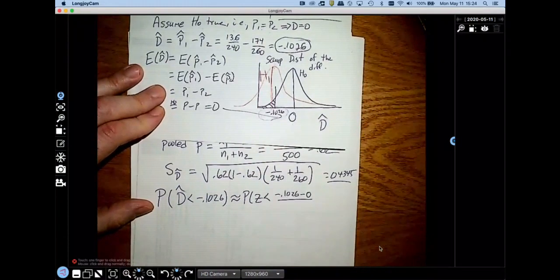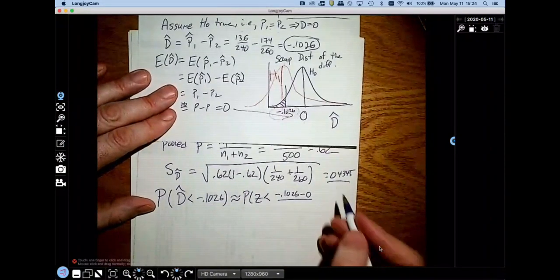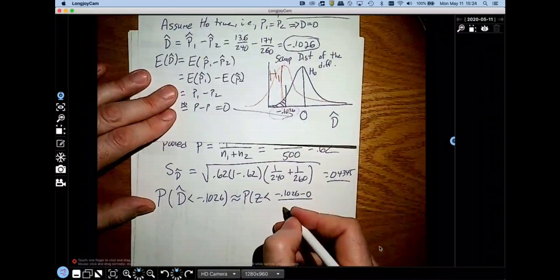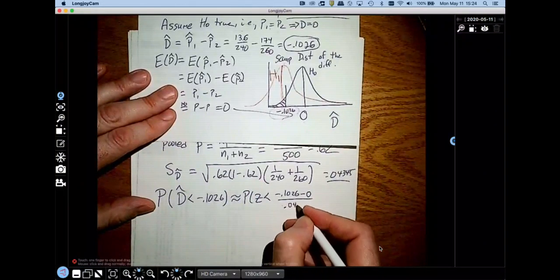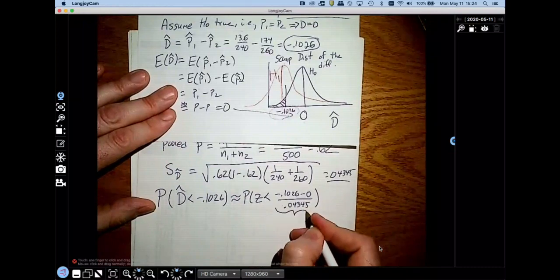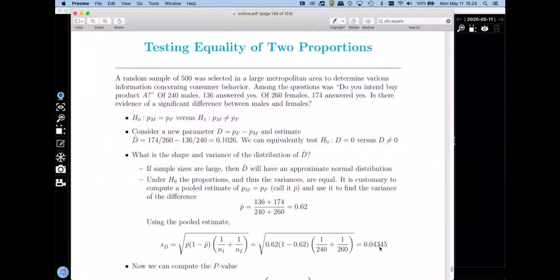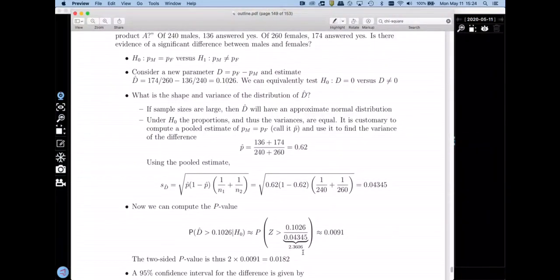Now I need the standard deviation of that distribution. I don't really know that, but I have a pretty good estimate of it with the standard error, 0.04345. And this whole thing is called the t statistic, or z statistic in this case. You can see I actually computed that, 2.36.